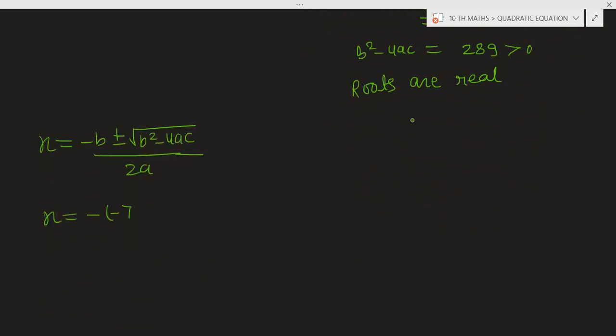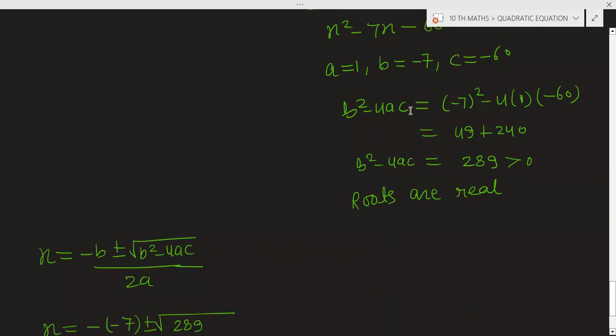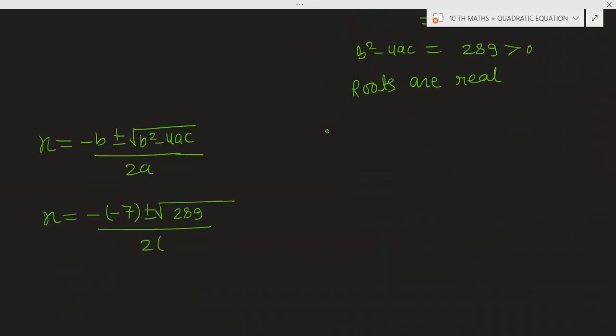It is 7 plus minus under root of b square minus 4ac, which is 289, divided by 2a, and a is 1. Under root of 289 is 17.